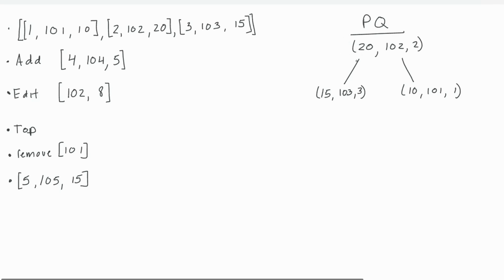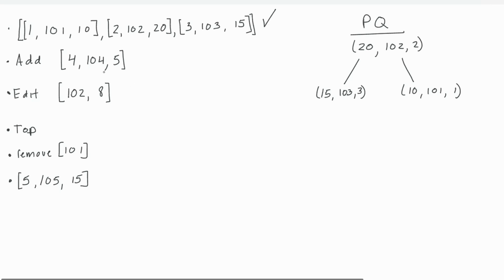Essentially the maximum priority as well as the task ID will be towards the top, so we're always going to be able to access in constant time whichever task has the highest priority as well as the highest task ID. So we'll see here that we have task 102 at the top and then these other ones below it. It doesn't matter their order. All we care about is whatever is at the top of our heap. So this is this first step here.